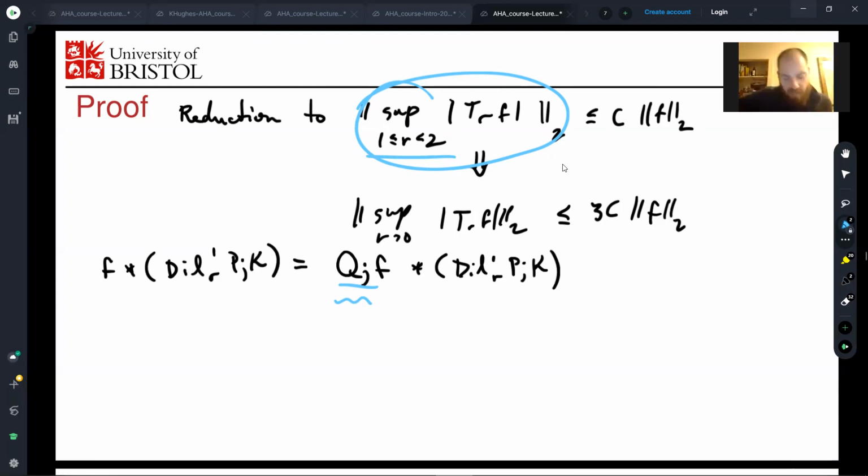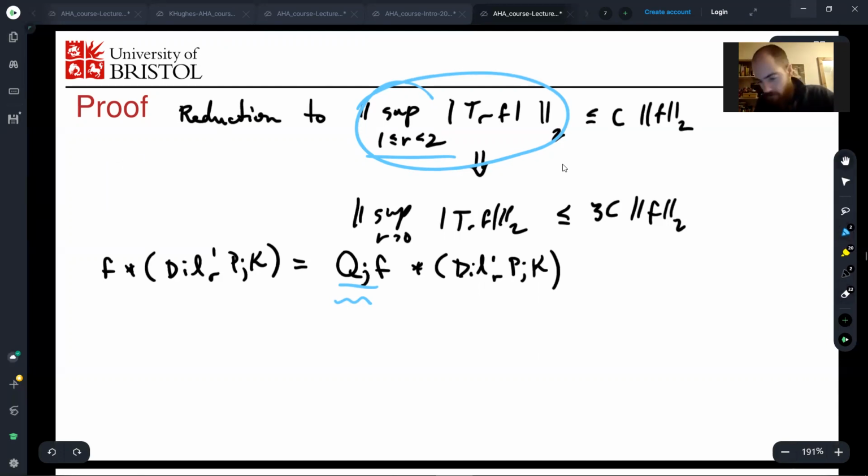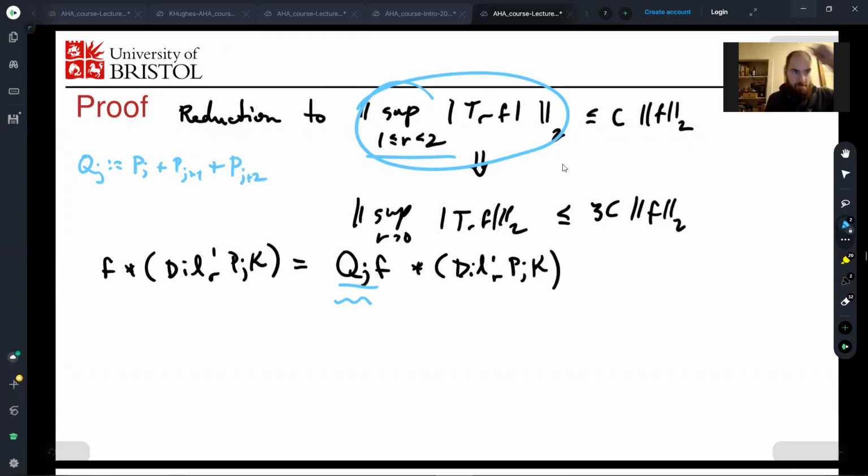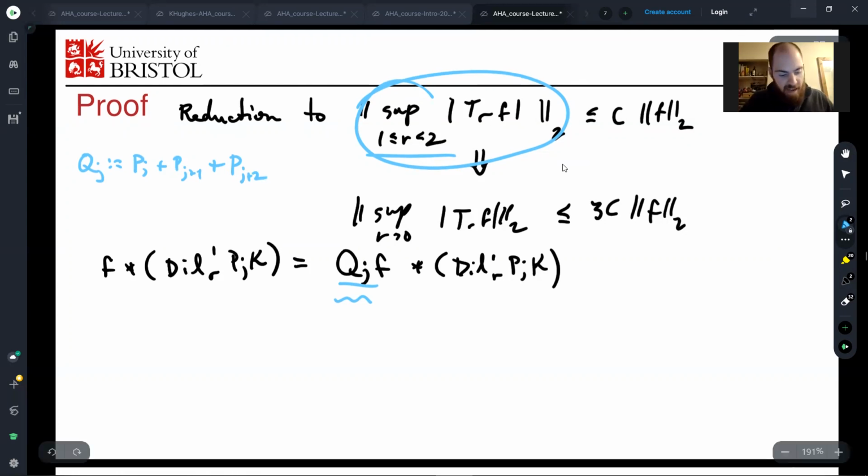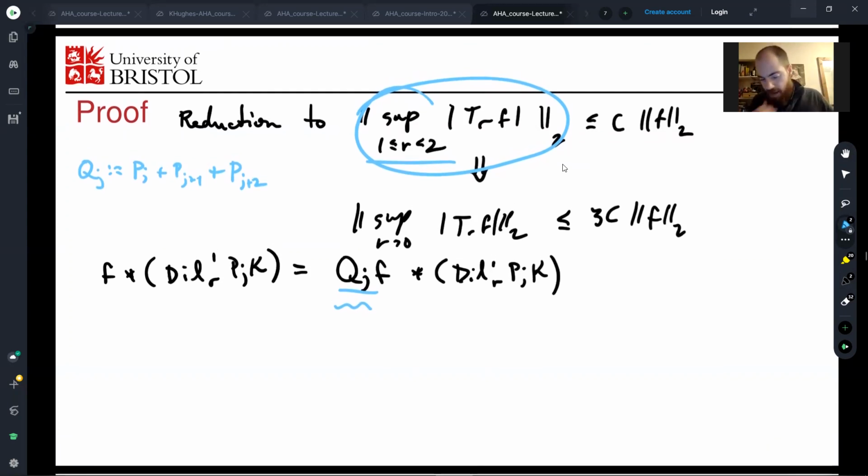Just to remind you, in case you've forgotten, QJ was defined as the sum of these 3 little Paley pieces. Now, I've got that, but how do I bring in the Sobolev inequality?